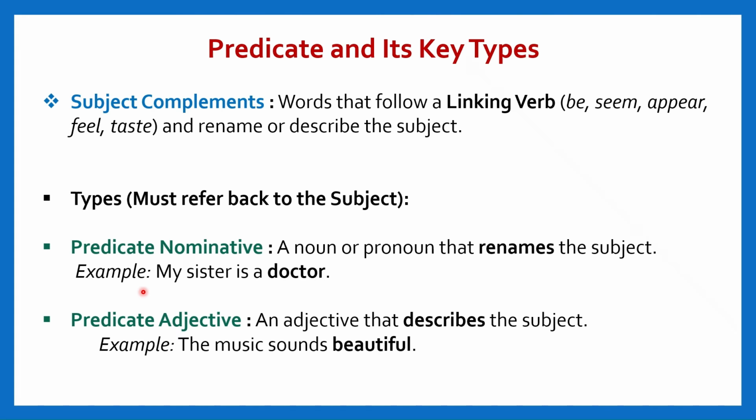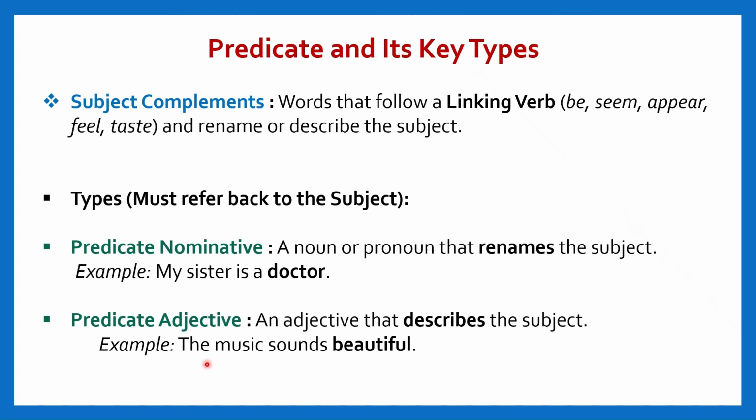Look at this example. My sister is a doctor. Here the linking verb is. So it connects my sister to a doctor and the word doctor renames the subject my sister. So doctor is a predicate nominative. In contrast, predicate adjective is an adjective that appears after the linking verb, of course. Its function is to describe or modify the subject.